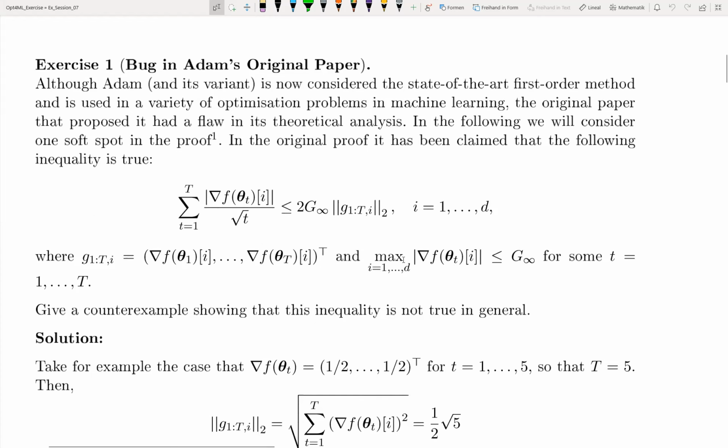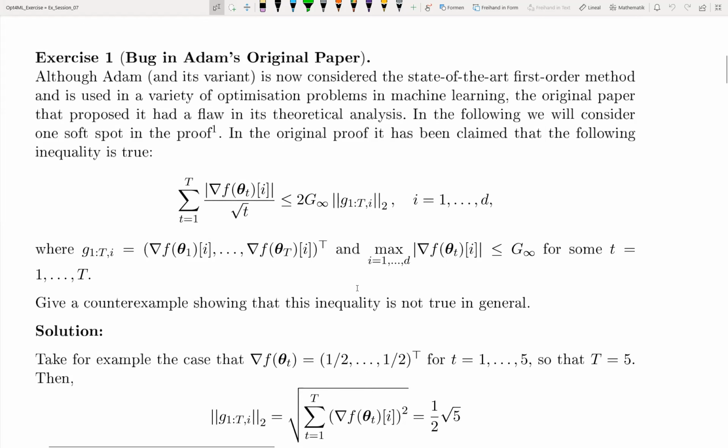I mean, you could also have a maximum over the t's, and then you multiply this constant with the Euclidean norm of the vector g_{1:T,i}, which is nothing else than the history of gradients you had for their specific ith position. This is what you see here. The first gradient, or second rather, and its ith component then in the second iteration till you get to the tth iteration.